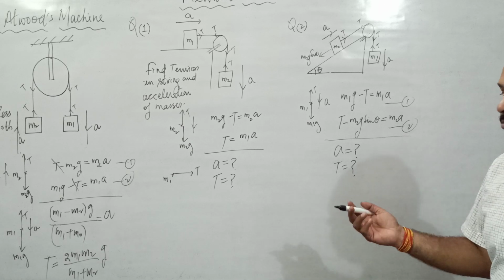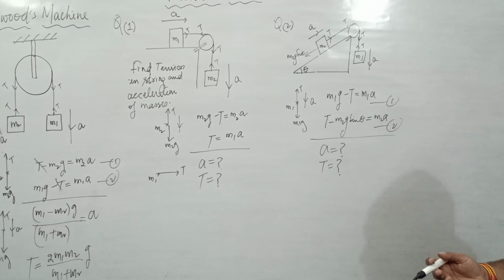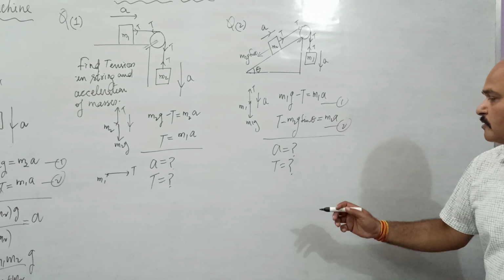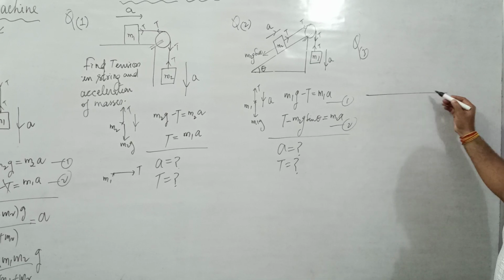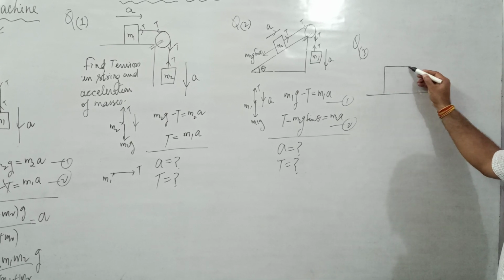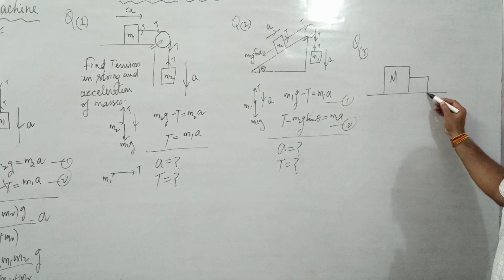One more question we would like to do before we wind up the class. These are two masses, say this is mass capital M, say this is mass small m.